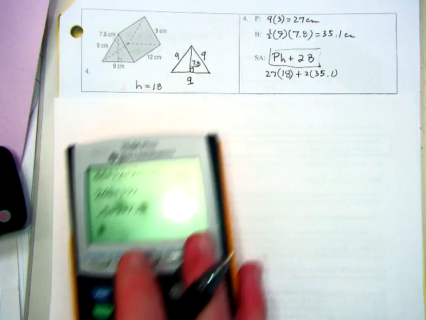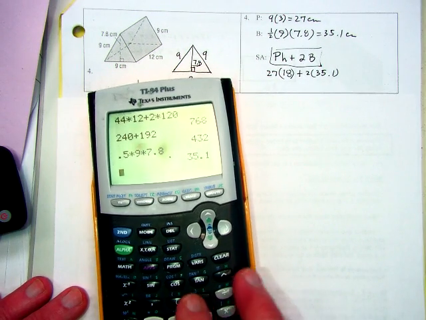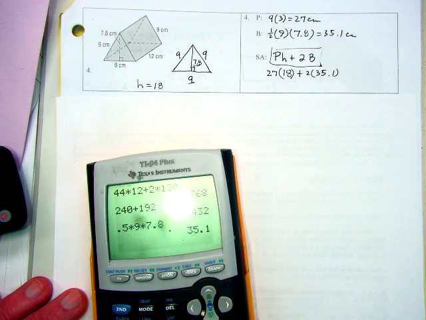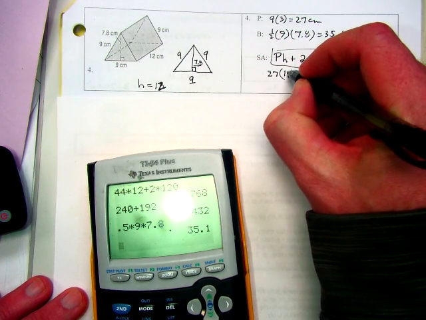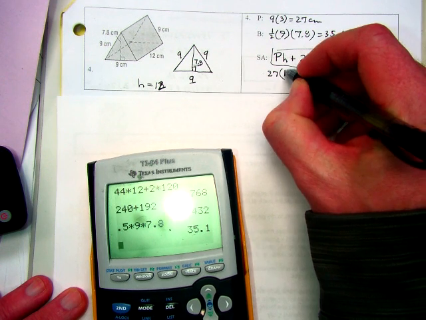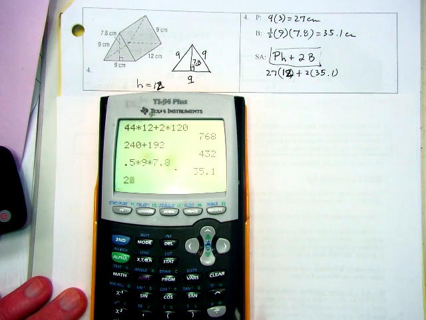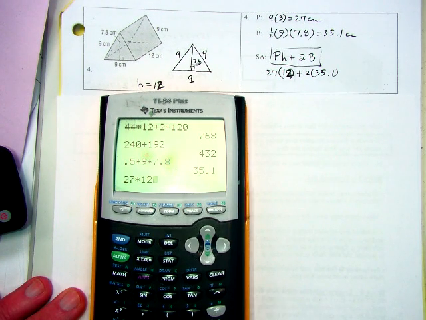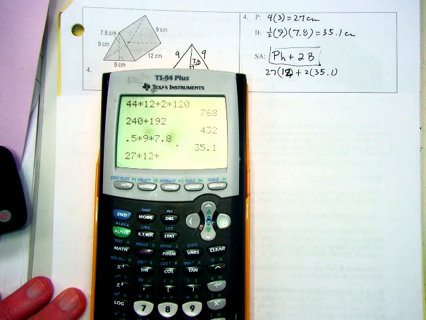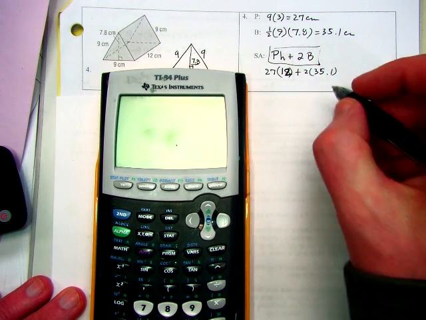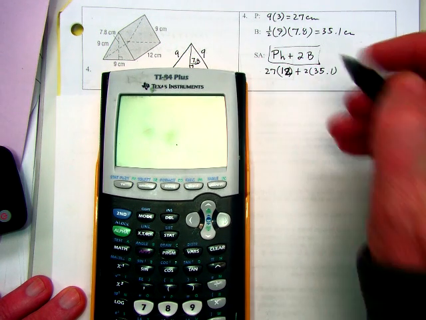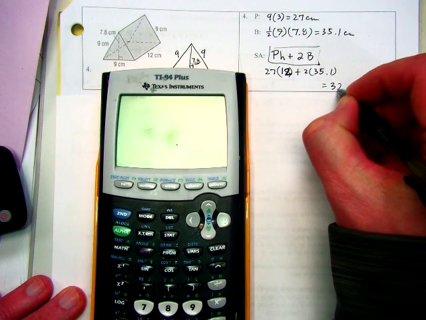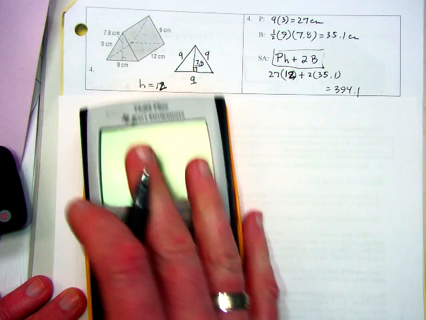All right, so let's go type that in. I'm going to do, wait a minute. Oh, my height's not 18, it's 12. Wow, it's 12. Good catch. Must have been the voice in my head. Okay, 27 times 12 plus 2 times 35.1. And I get my surface area was 394.1. I believe that's what it said. Yep, before it went dead. It's 394.1, and that would be centimeters.